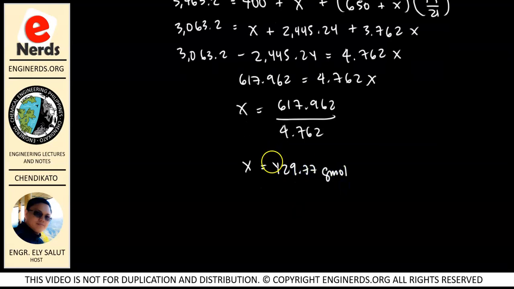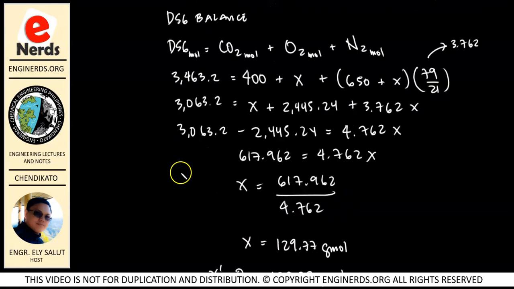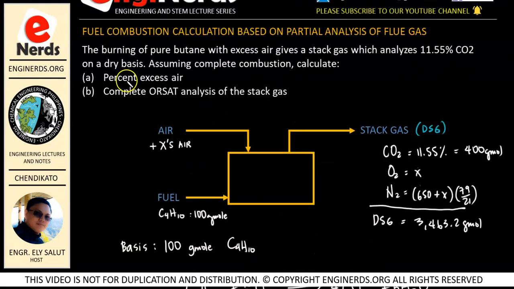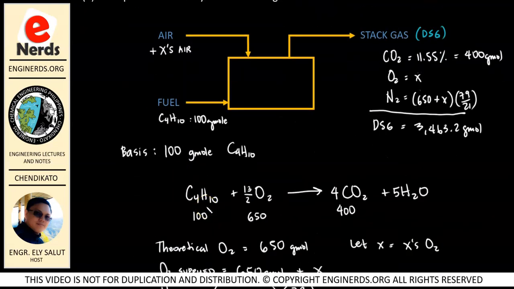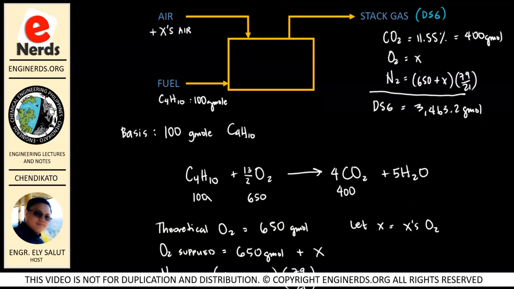Okay, so from here we are able to determine the number of moles of our excess O2 because we assigned X as our excess O2. So that means our excess O2 is equal to 129.77 gram mole. And our requirement is to determine the percent excess air or the percent excess O2.